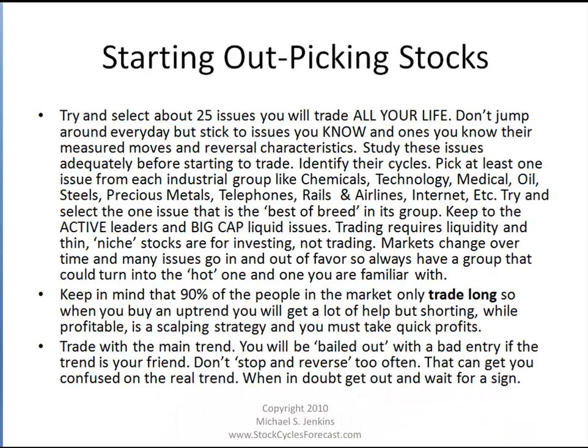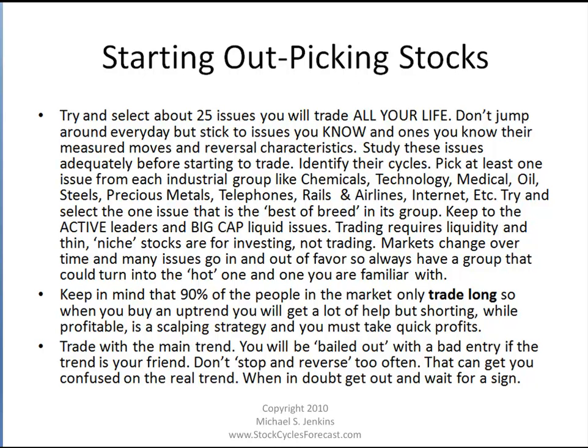When people are just starting out on a trading career, I always recommend to them that they only stick to a couple dozen, perhaps 25 issues, and they should learn everything they can about these issues. Go back 5, 10, 20 years if they can.